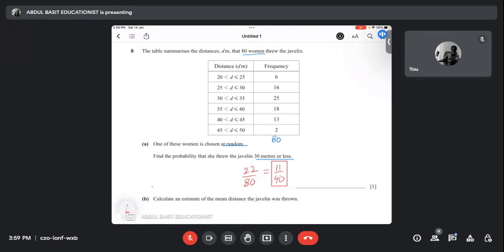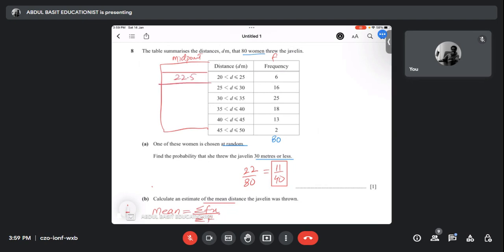Calculate an estimate of the mean. For the mean, first the formula: mean is equal to summation fx divided by summation f. f is available, x is not available, so x is your midpoint. Midpoint between 20 and 25 is 22.5.